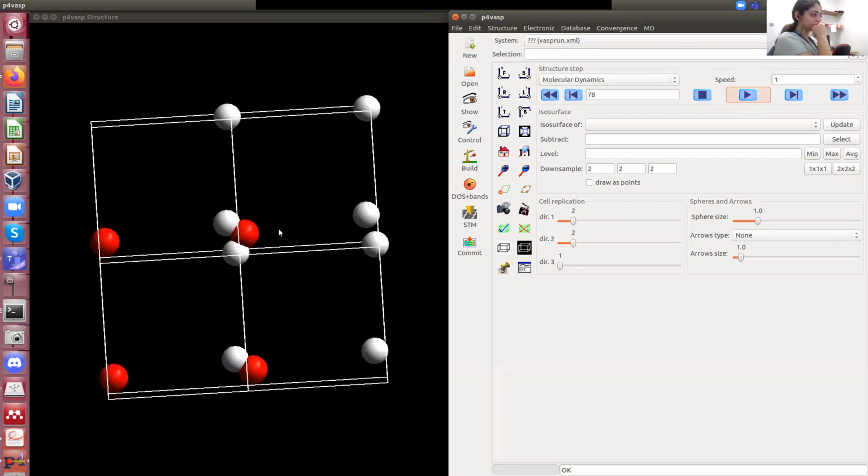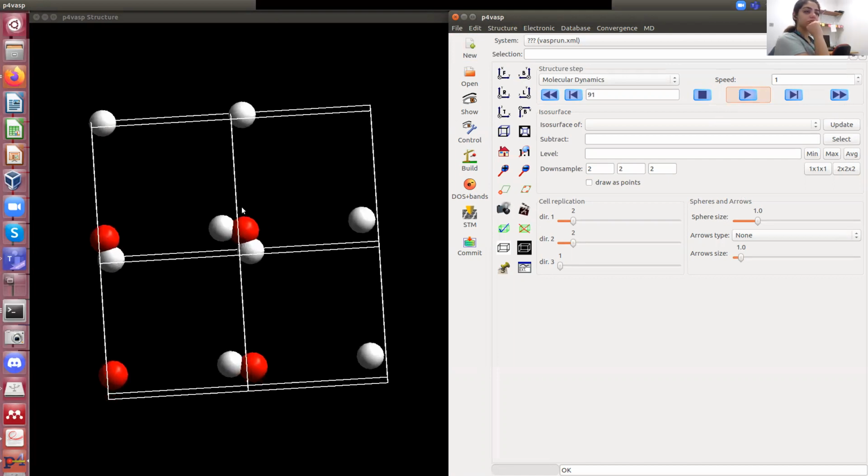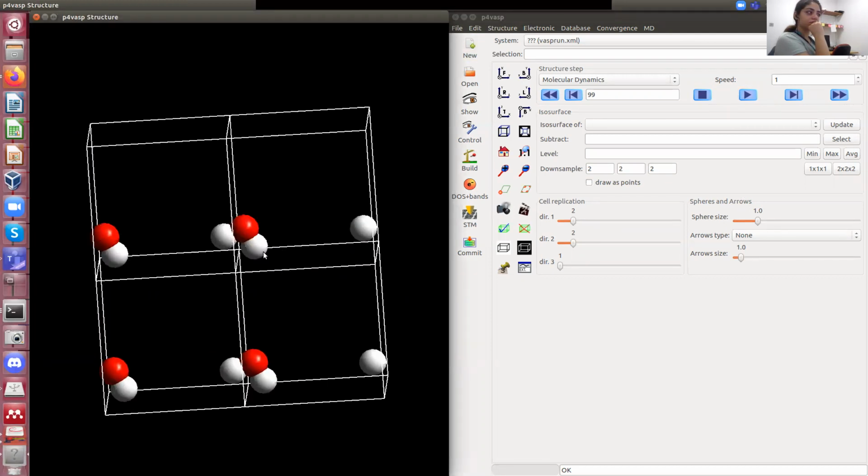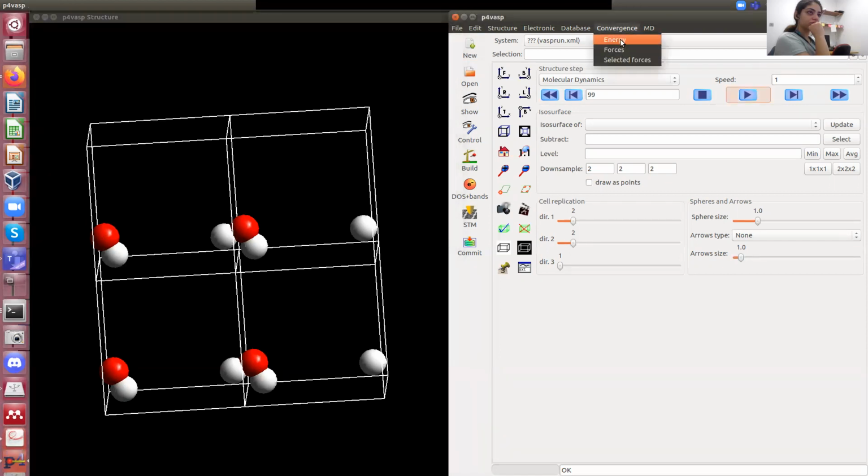Why are they rotating? You would expect the hydrogen to go in the direction of the oxygen to establish hydrogen bonds. In this case it is partially doing that, but they are very, very far away, and the system is too periodic. Here you are in a good direction, and the hydrogen is at least in the same line as this oxygen, but here this is also closer to the hydrogen. So the system is ill-defined. You will not get any meaningful result.